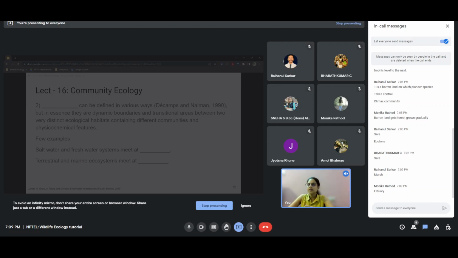And then you also have terrestrial and marine ecosystems that meet at a particular region. It also forms a type of habitat. Any guesses as to what this type of habitat could be? Coastal, sure, yes, a coastal type of habitat. If you could be more specific, you're on the right trajectory.